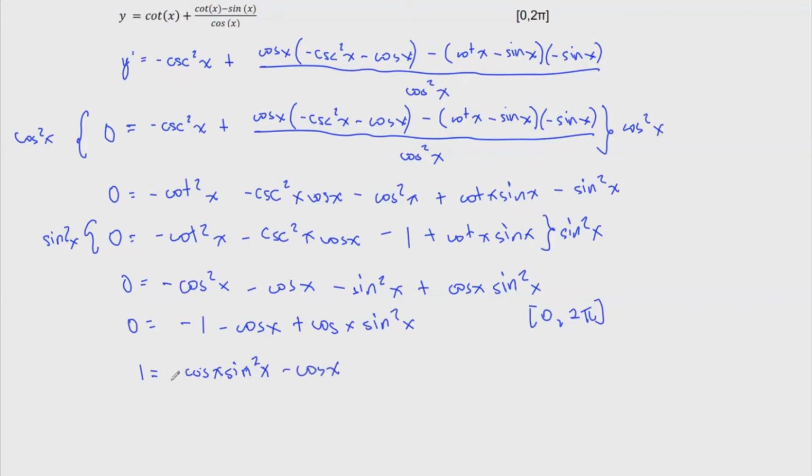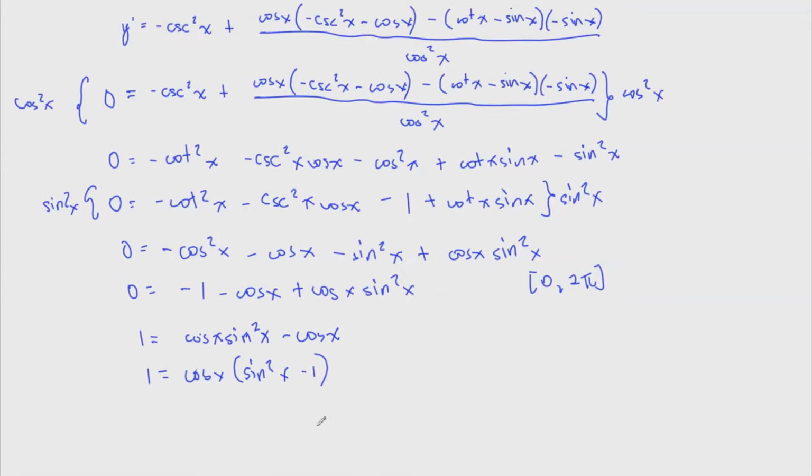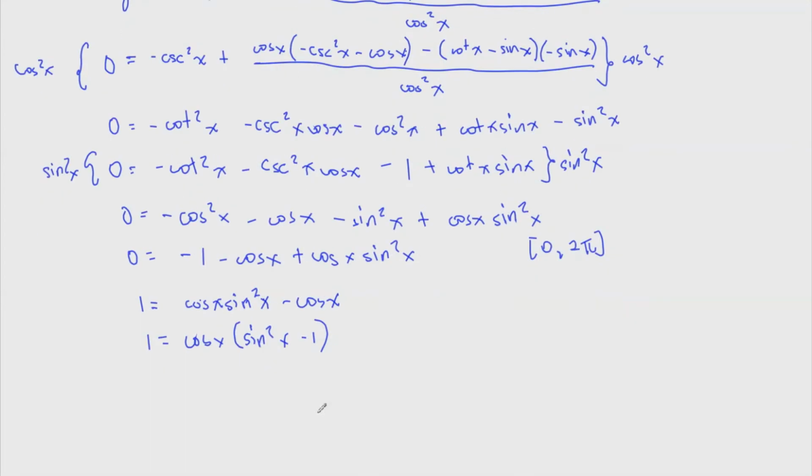So if it's 1, and then we can try to factor out cosine from here. So yan, maging ganyan na lang siya. And then what do you think would be the value of x that would make this equation right here equal to cosine of x?